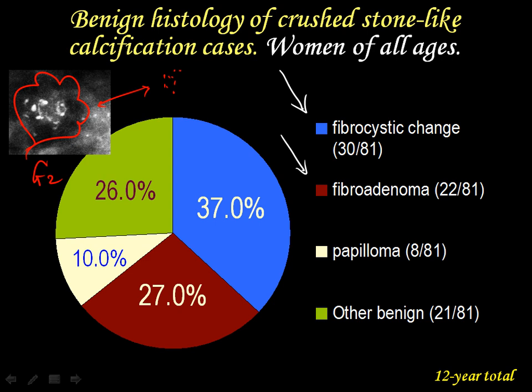Fibroadenoma is in second place, and then third, hyperplastic breast change that may show up on a mammogram as discernible calcifications in a cluster, and the calcifications are irregular in size and shape and density, is papilloma.